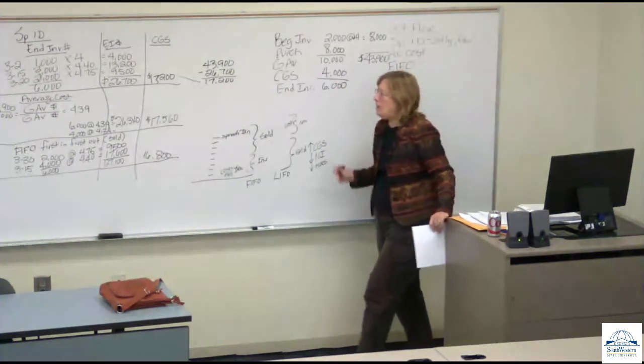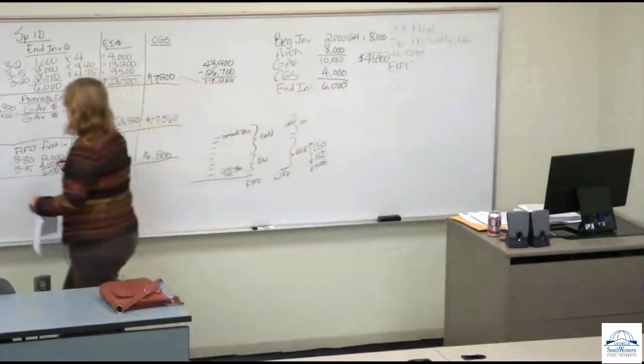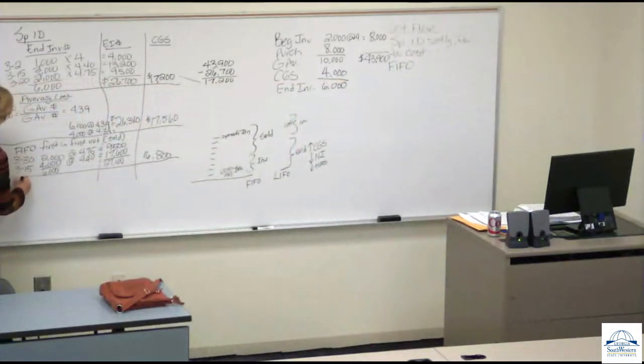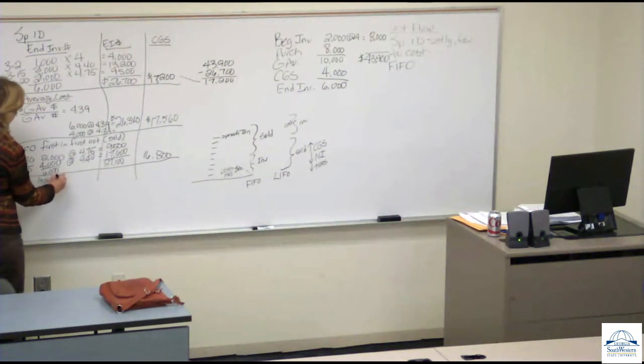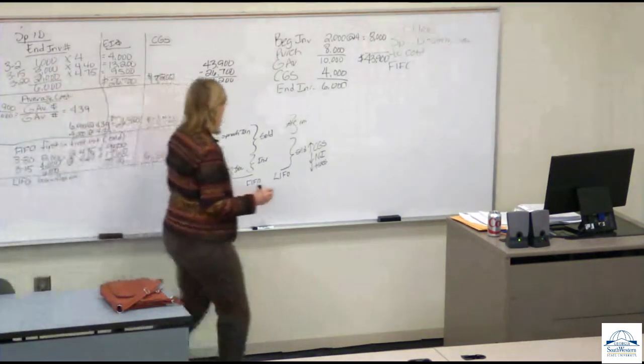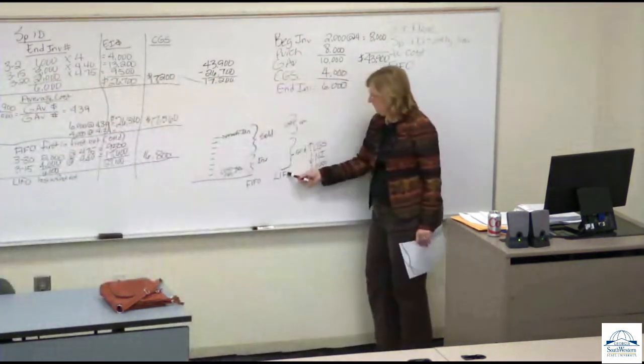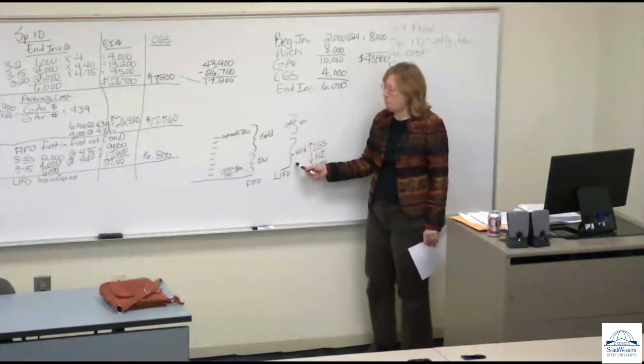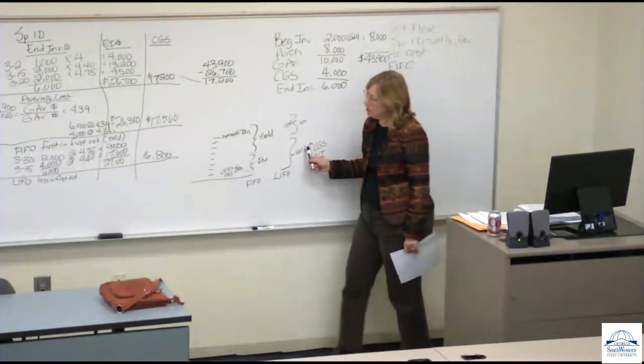Okay? And now we're going to do LIFO. What does LIFO mean? LIFO is last in, first out. And what does that mean? These last spinaches that we bought, these are the ones that go to cost of goods sold.